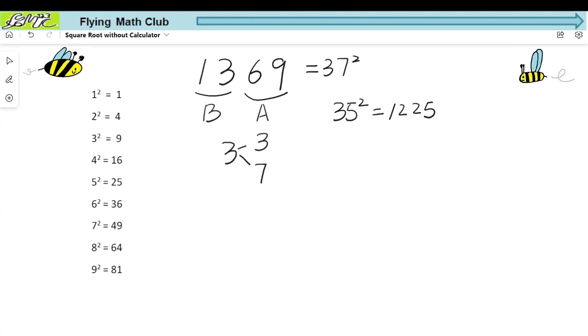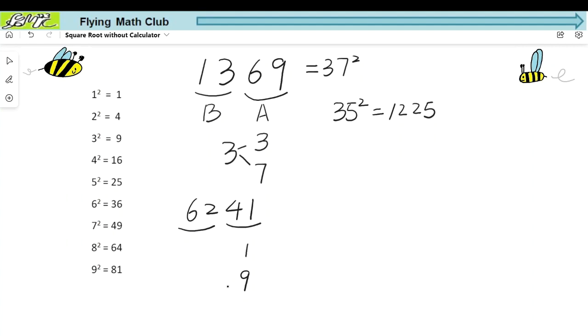Let's try a bigger 4-digit number, 6241. Two parts. Part A, the last digit is 1. 1 squared equals 1. 9 squared equals 81. So the possible digit could be 1 or 9.